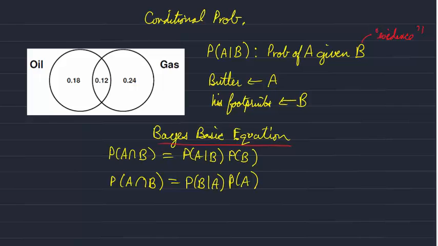So those are two forms of Bayes' basic equation. Using that, we see that the probability of A given B is equal to the probability of A and B divided by the probability of B. That came from the first equation.